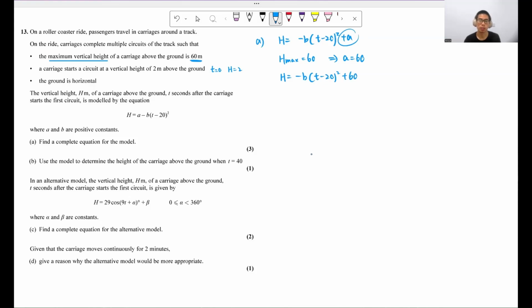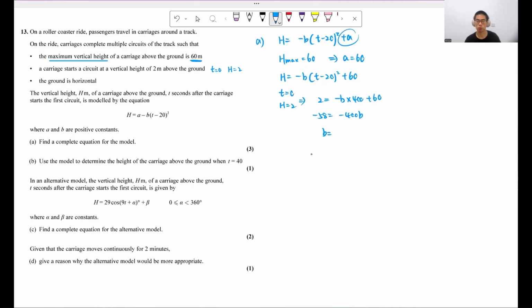To work out b, we substitute in the condition: when t equals 0, h equals 2. So 2 is equal to negative b times (0 minus 20) squared, that would be 400, plus 60. Then minus 60, we have negative 58 equals negative 400b.